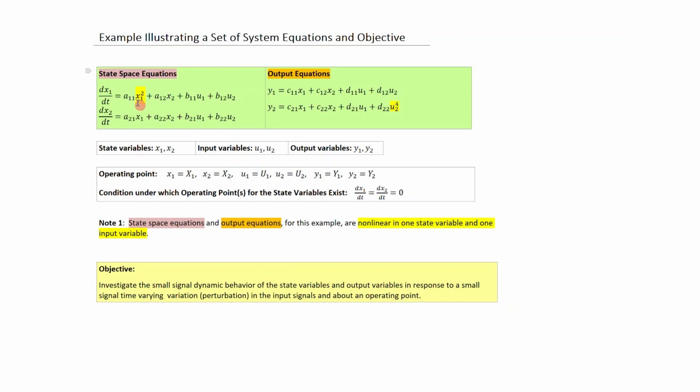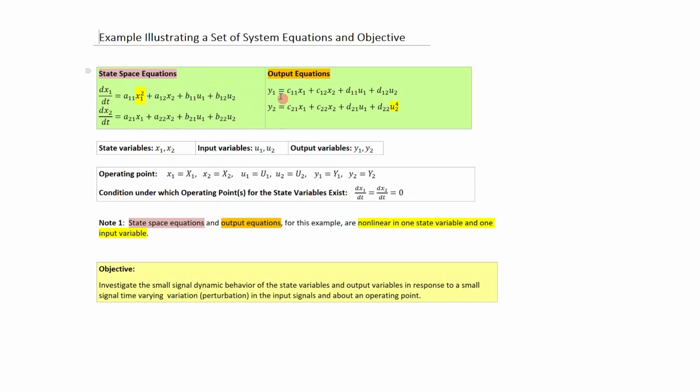The fact that this term is not linear in the state variable means that this is a nonlinear differential equation, whereas this one is linear in all variables, state variables and input variables, so this is a linear differential equation. Typically, these 2 equations would have to be solved simultaneously, and for the most general of problems, there is no analytical solution and they would have to be solved numerically.